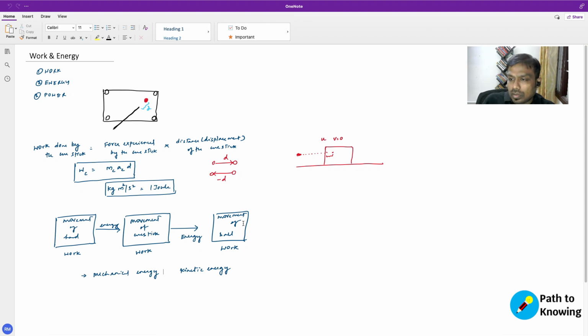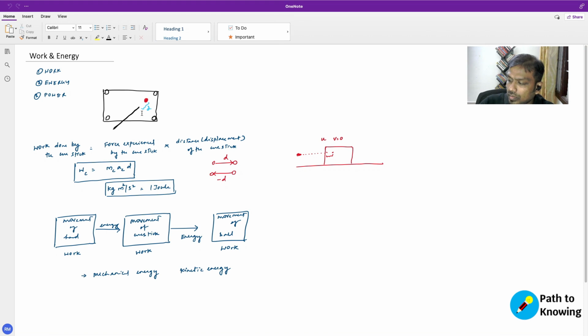Since energy and work are the same, the kinetic energy acquired by the cue stick is nothing but the work done by the cue stick. So let's try to quantify what that kinetic energy would be.